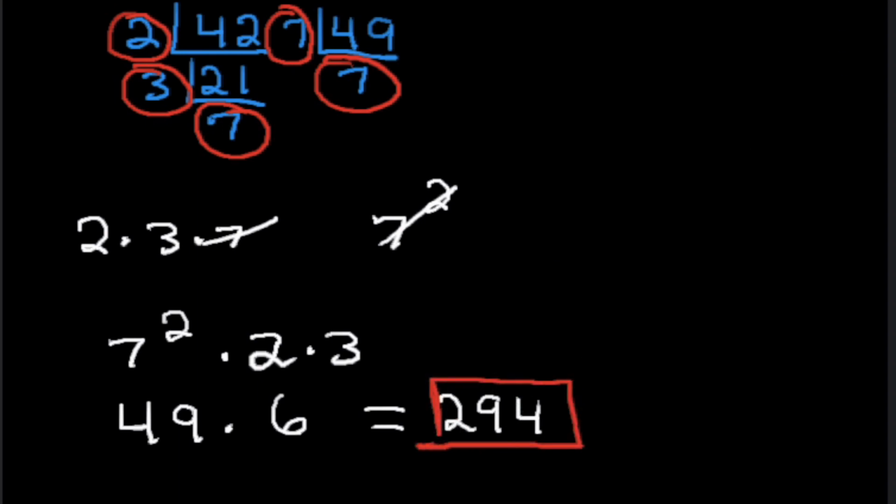Okay. And let me show you another way that will probably be helpful to you and a little bit quicker. So let's use the same two numbers. So we have 42 and 49, right? So you can take and divide both these numbers by finding the same number that will divide evenly into both numbers at the same time, okay? So if you take a look, that would be 7, right?